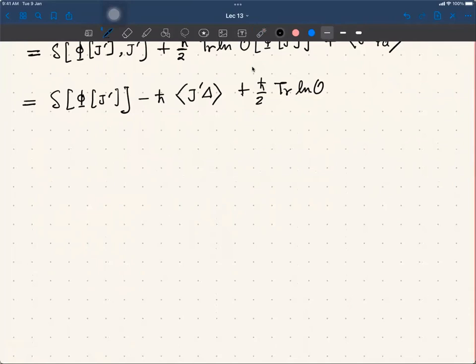Now this is in terms of phi lower bar, so now write things in terms of phi CL. This phi lower bar is phi CL plus h bar delta.